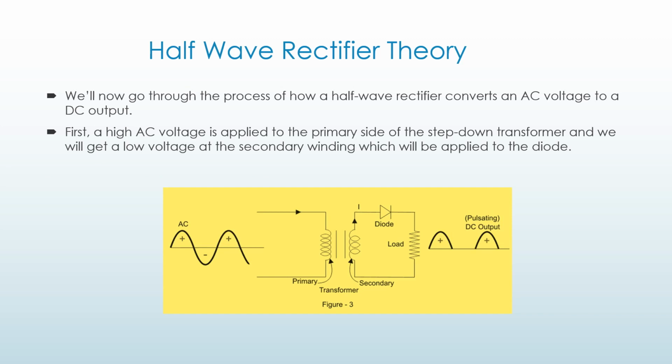We will now go through the process of how a half-wave rectifier converts an AC voltage to a DC output. First, a high AC voltage is applied to the primary side of the step-down transformer, and we will get a low voltage at the secondary winding, which will be applied to the diode.